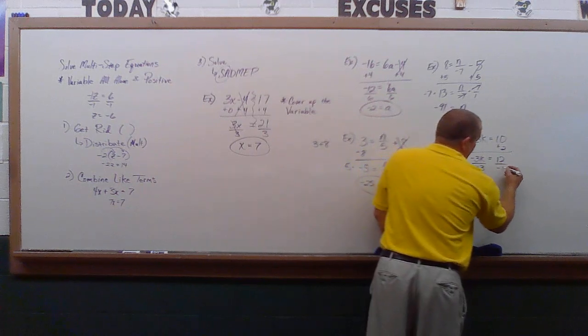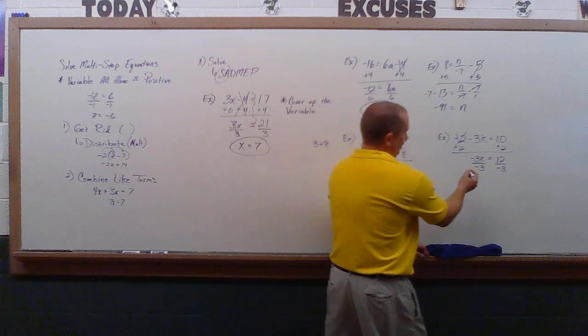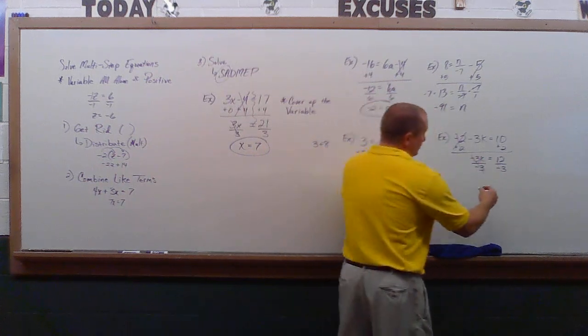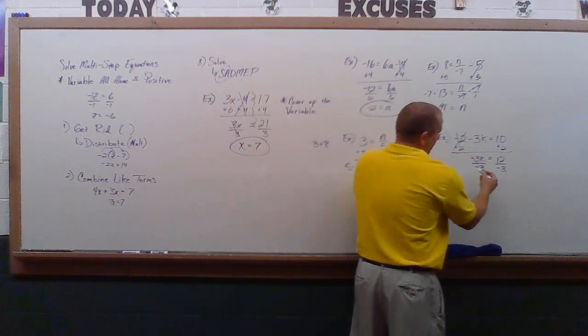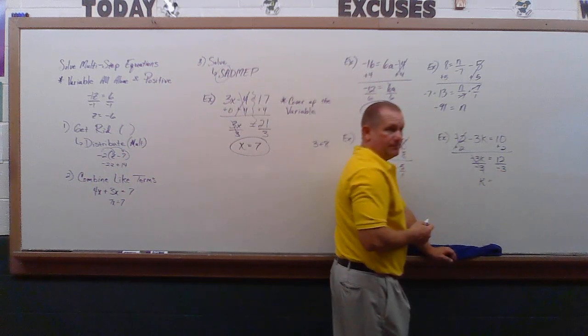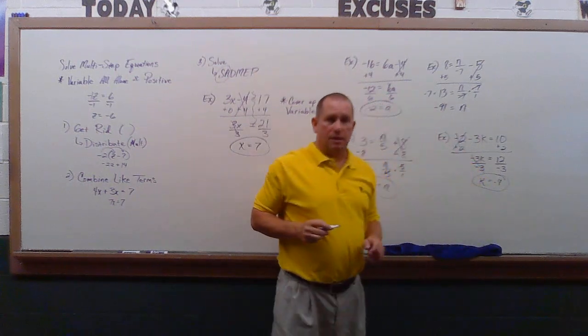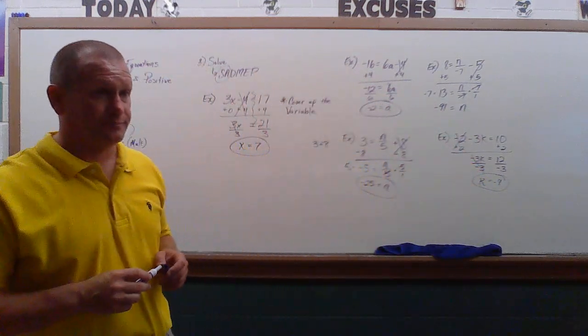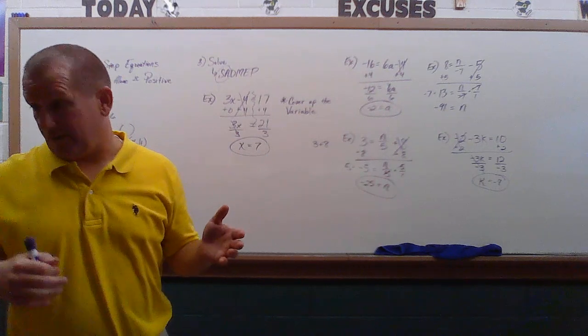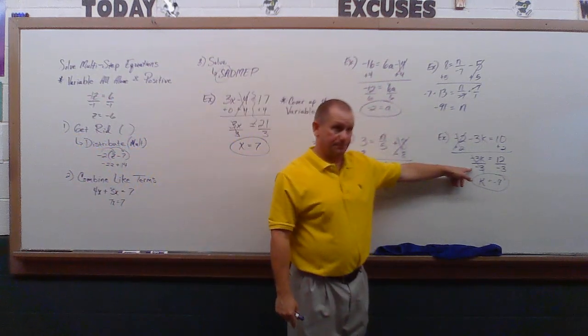And then don't forget, when I go to the other side, I'm still dividing by negative 3. So my negative 3's cancel each other out, but I'm left with positive k now, right? 2 negatives make a positive. And what's 12 divided by negative 3? Negative 4. Everybody's okay with that? But that's really important. If there's a negative in front of the variable, you divide by a negative.